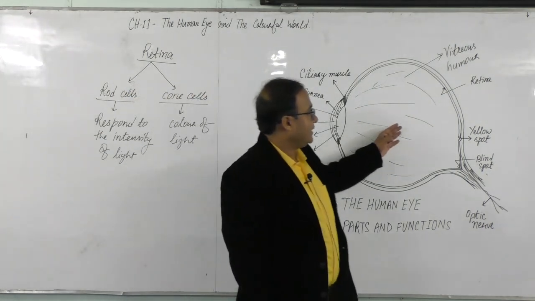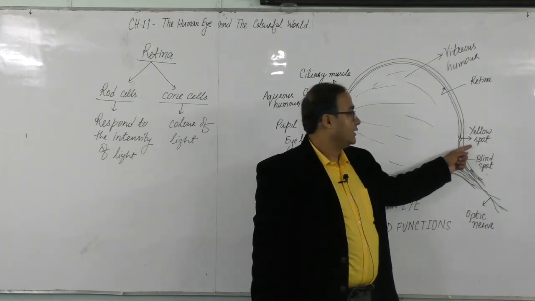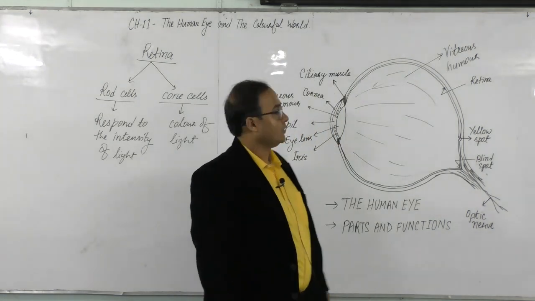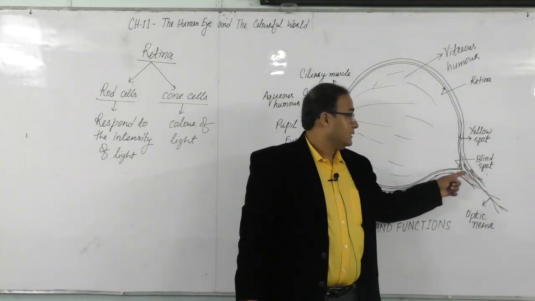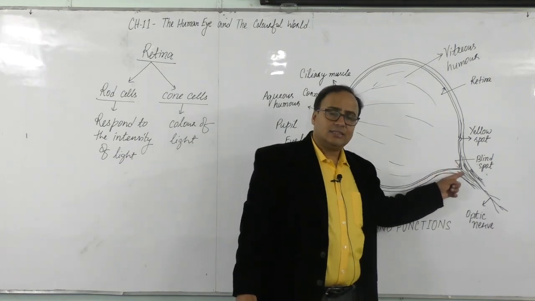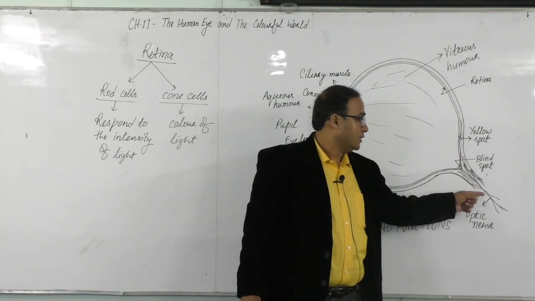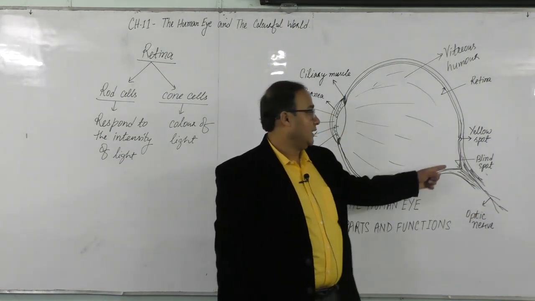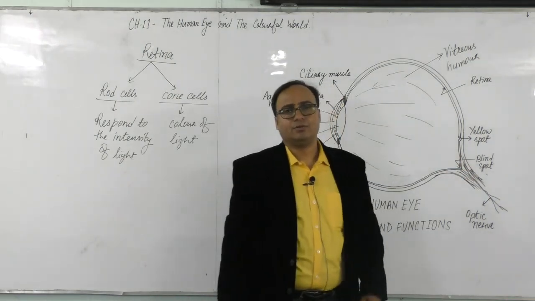If you look at the retina, you can see here 2 spots are there. One is called blind spot, other is called yellow spot. Now blind spot is that region which is the least sensitive region of the retina. In this region the optic nerves enter the eyeball, and if image is formed at blind spot, no signals will be sent to brain.